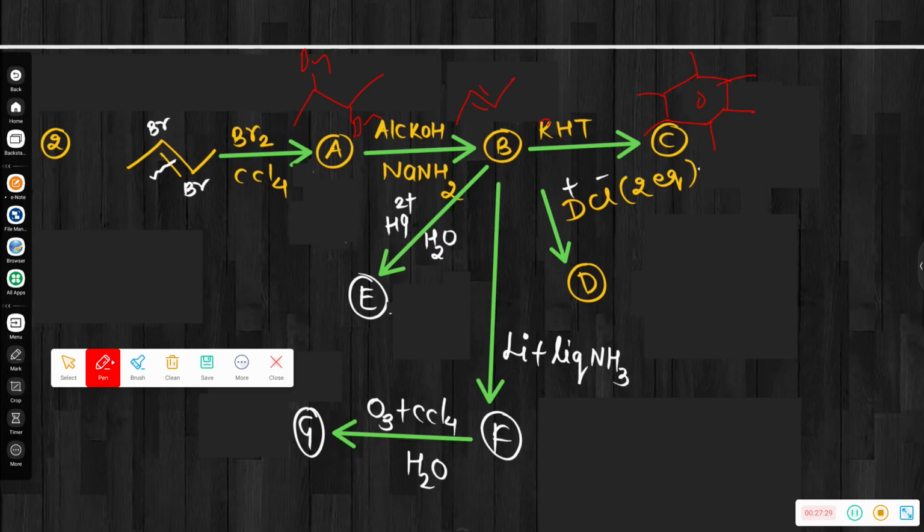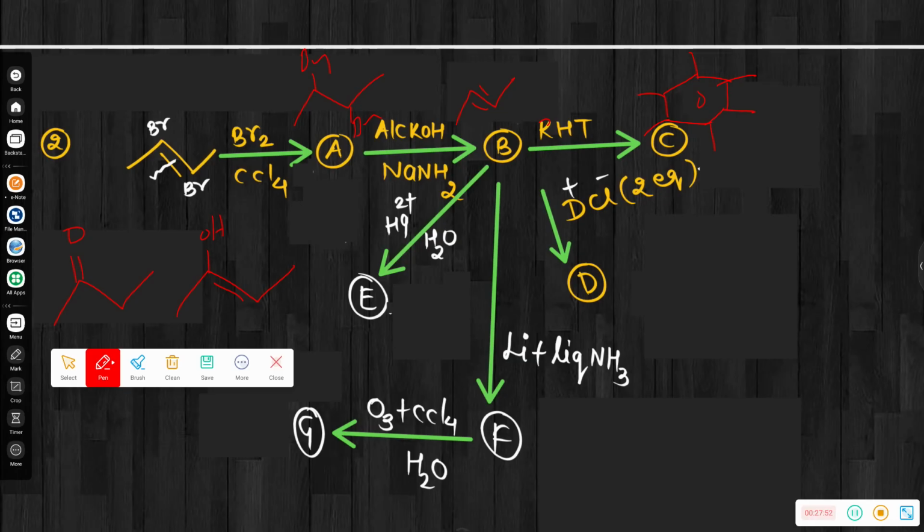Okay. This one, Hg2+, what will form? First one OH double bond will form. Then how will it exist? Double bond will exist. This is formed. Then directly this one, lithium liquid ammonia.